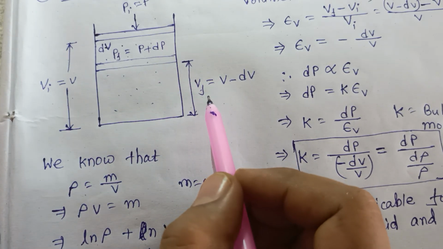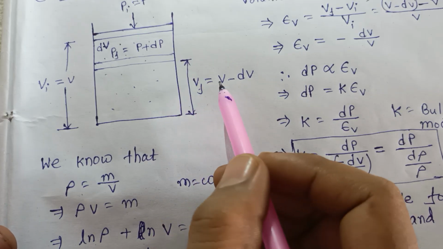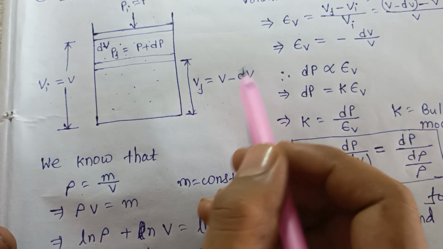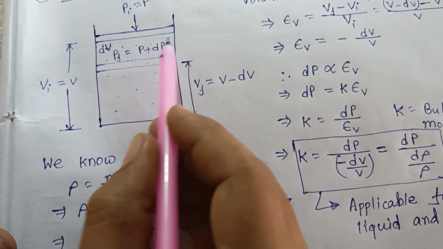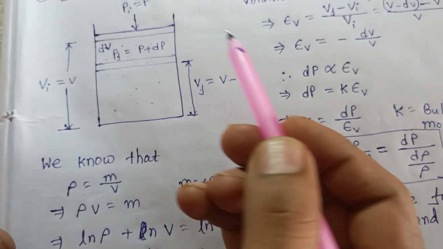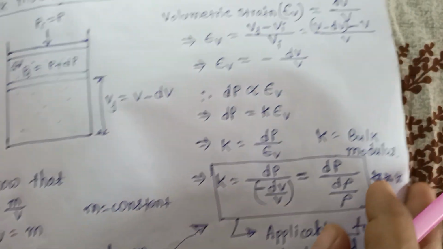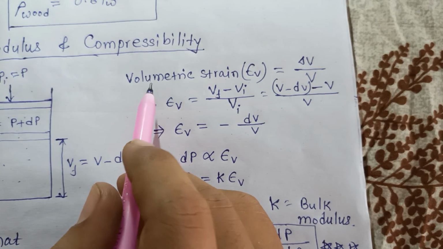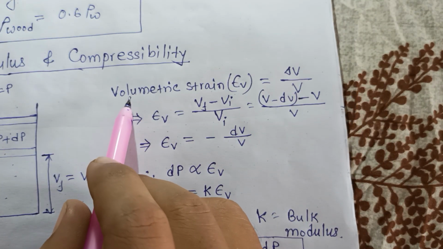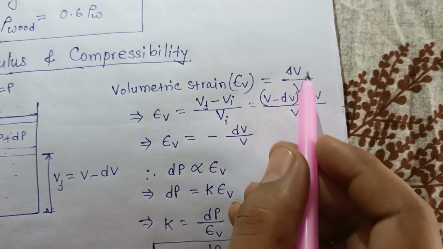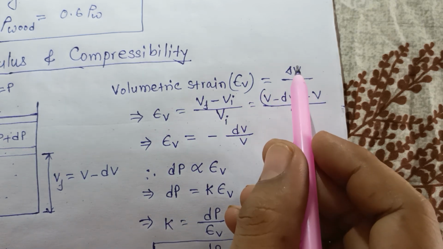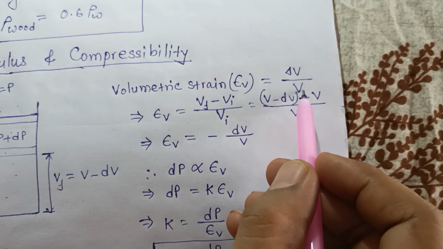And what is the final volume? That is Vf, equal to V minus dV. dV is the change in volume, so here this volume is dV. Now if you calculate the volumetric strain epsilon V, that is equal to delta V by V, the change in volume by the original volume.